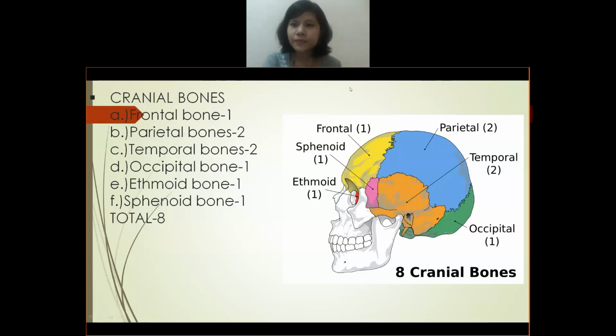In the exam it will come like this: what is the total number of cranial bones, how many parietal bones you have, how many occipital bones you have. Those questions will come, so you need to revise every day.